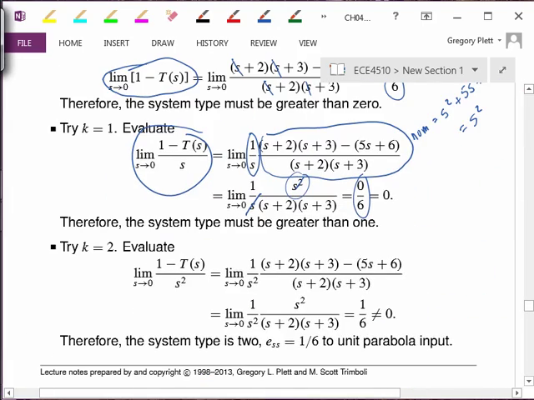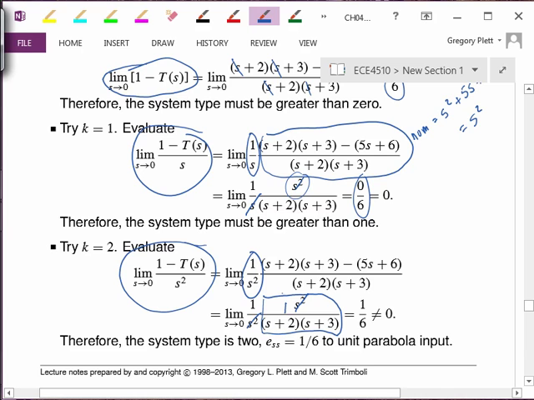So try k equals 2. So I say limit as s goes to 0 of (1 minus T(s)) over s squared. Same as before, except I've got a 1 over s squared there. My 1 minus T(s) is what I calculated above. And now I cancel whatever I can before I take the limit. I've got one whole s squared there.